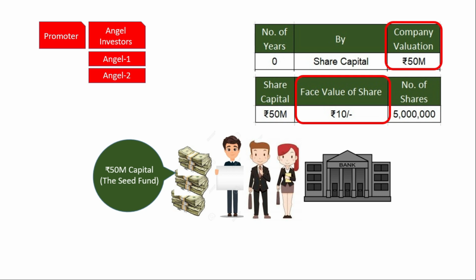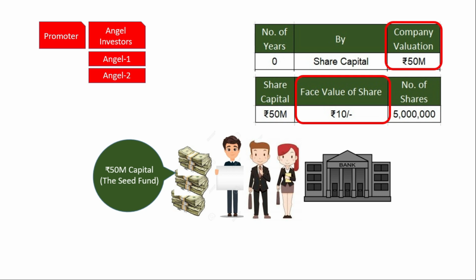The face value could be any number. A face value is simply a denominator to indicate how much one share is originally worth. The total of 5 million shares is called the authorized shares of the company.